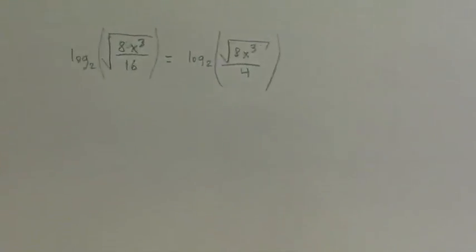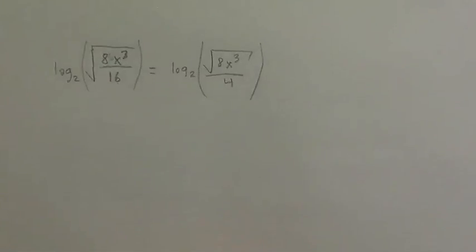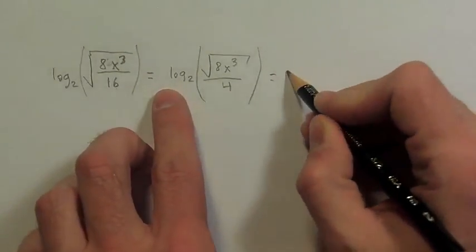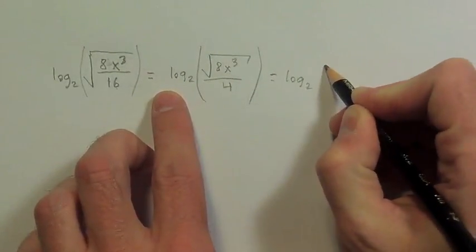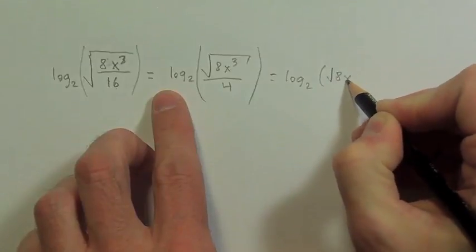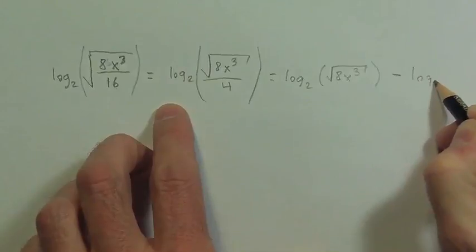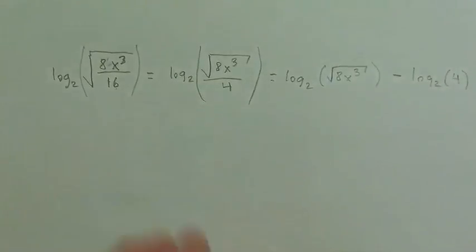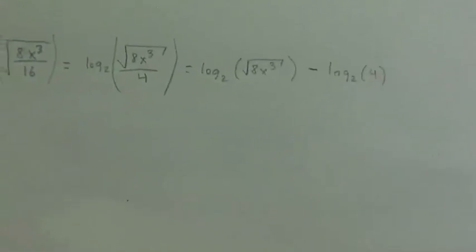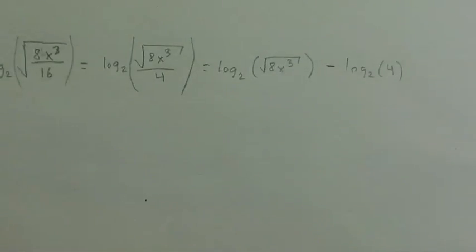And so now we can use our quotient property. So I can say that this is log base 2 of the top minus log base 2 of the bottom. I think we've seen this one enough times now that log base 2 of 4 is 2, because 2 to what power is 4? 2.